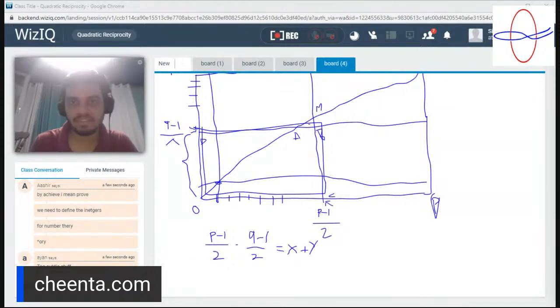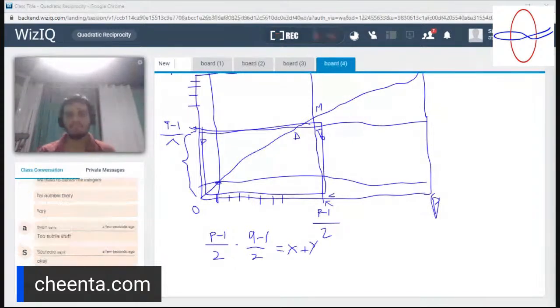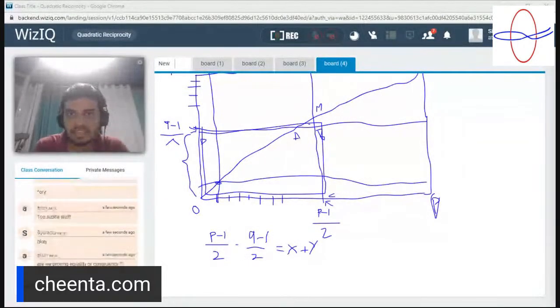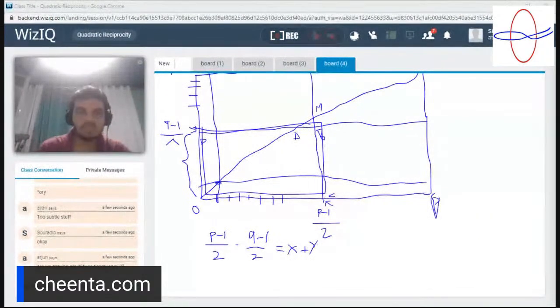So there is no element within the triangle ABM. There is no element on AM. There's no element on MB. Why? Because let's just calculate. Here we are calculating an exact equality.